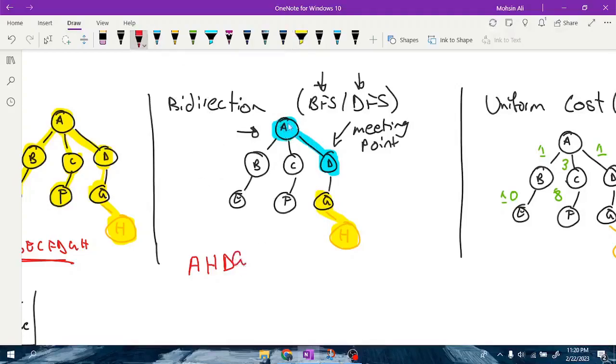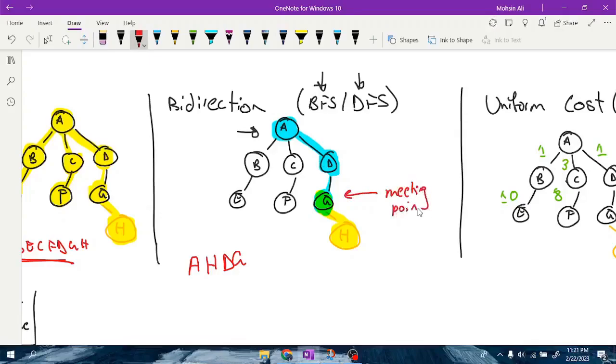And then it is the start node's turn again. So start node goes to G. And you find that there is this common meeting point. In the earlier example, when I was doing it some other time, the meeting point was coming over here because I started with the end node first. But in this example, the meeting point is over here.